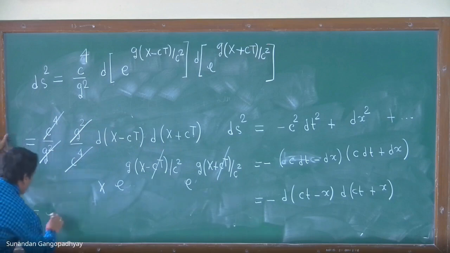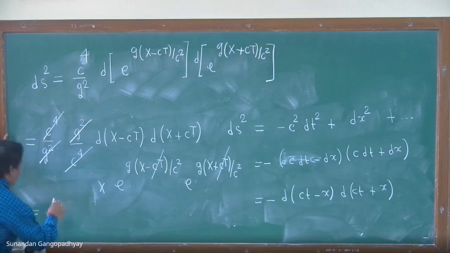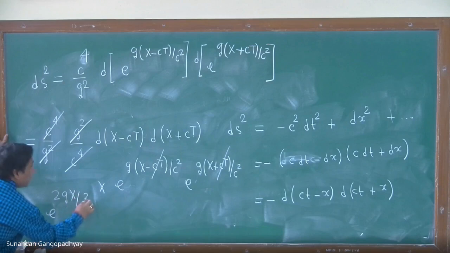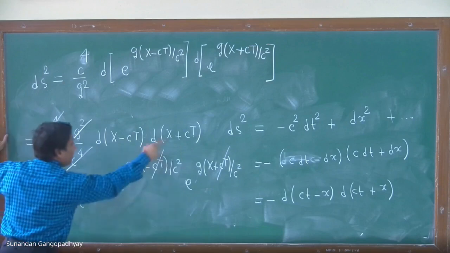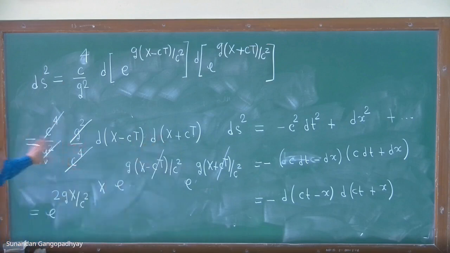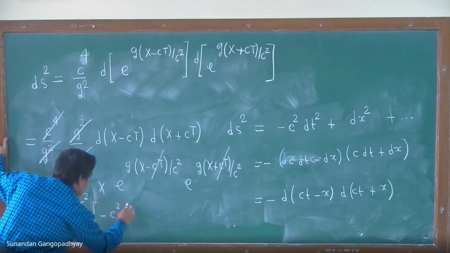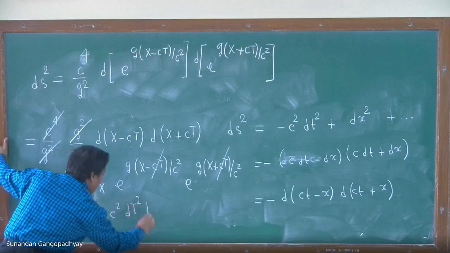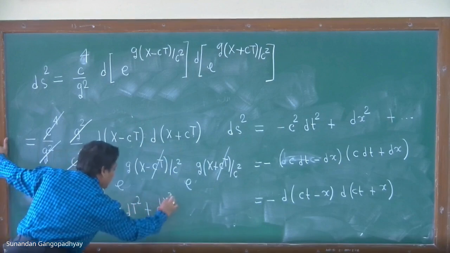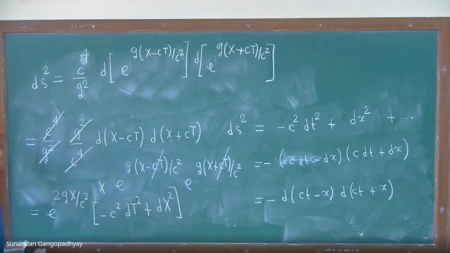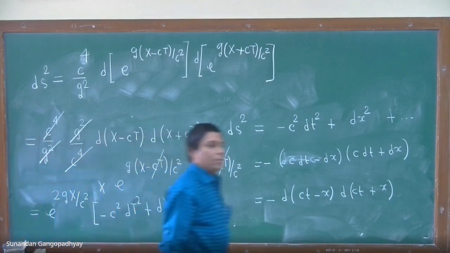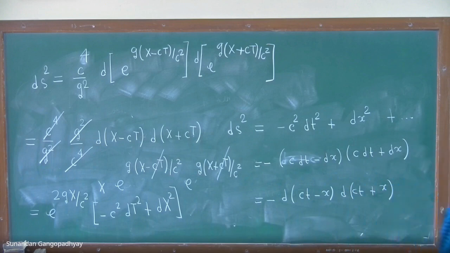This will be e to the power of 2gx by c square, and see, this combination is very nice because you can write this immediately as minus c square dt square plus dX square. See how nice it is. That is why we computed those combinations, ct minus x, ct plus x.